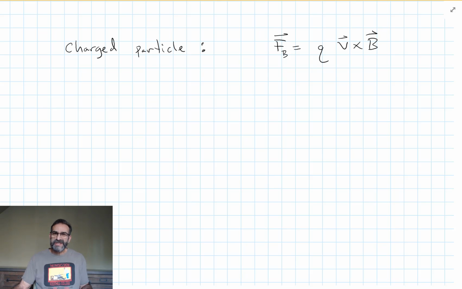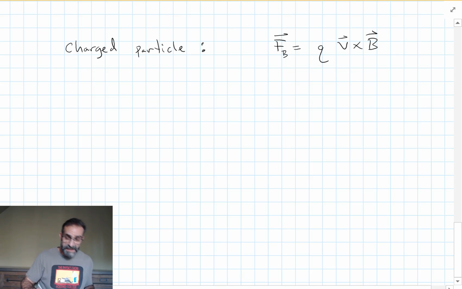Well, if a charged particle moving through a magnetic field can feel a force due to that motion, then a whole bunch of charged particles moving through a magnetic field should feel a force also. And that's what a current carrying wire is, a bunch of charged particles moving in the same direction. So let's see what the force is on a current carrying wire that's sitting in a magnetic field.